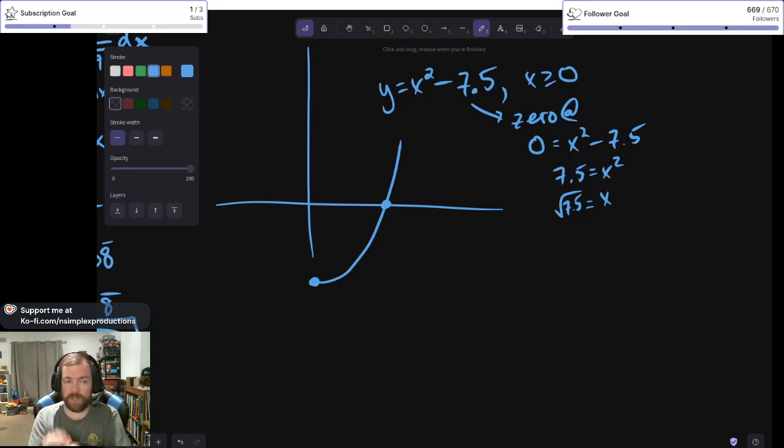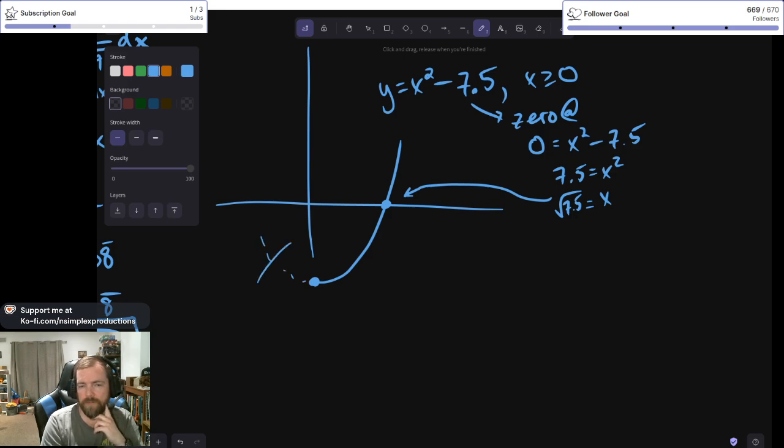So apologies. We're trying to find x values with Newton's method. So Newton is going to get us to this point. We say here's our function y equals x squared minus 7.5. Now we want to find the 0 for that, which is going to be at x equals root 7.5. The positive one. Right, we're going to ignore the negative one for now.